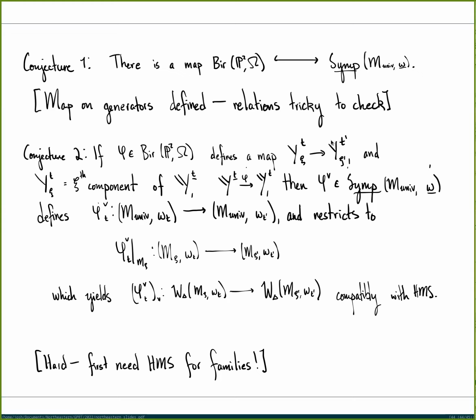I don't know, whoever gets there first wins. But if you assume HMS with families, then all you need is a little bit of technical analysis, and you would say, okay, this is actually the story. The statements are less nice, I guess.